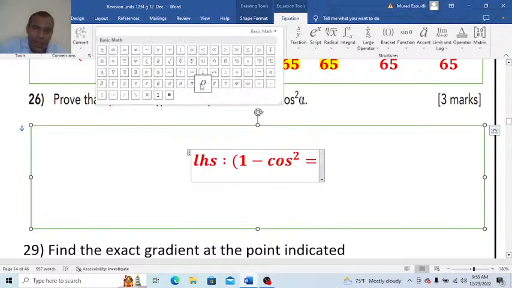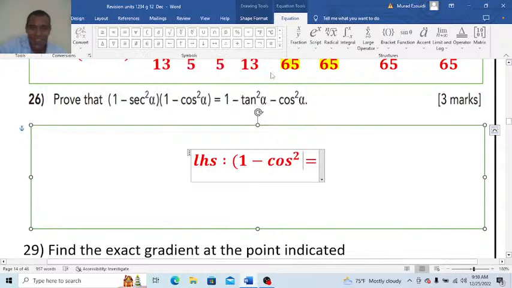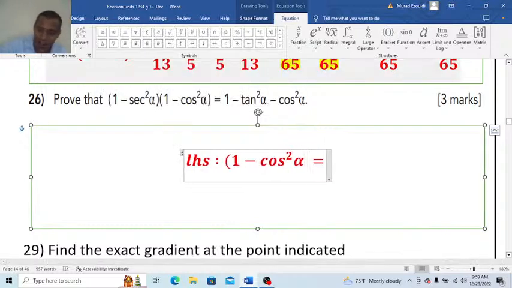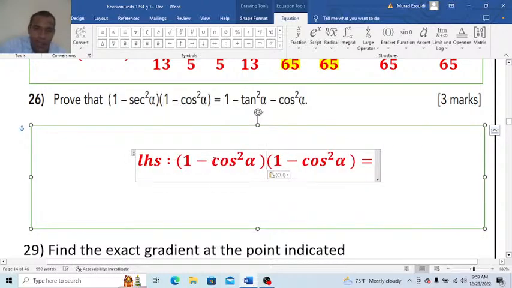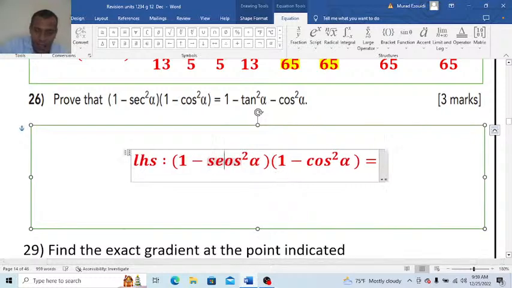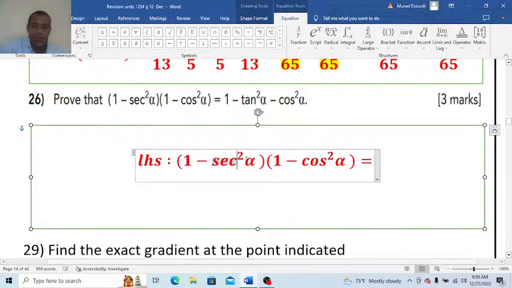What is alpha? Can you see alpha, learners? Okay, then close the parentheses, multiply by what? Multiply by, this is of course sec. I'll make here multiply by 1 minus sec of alpha square.